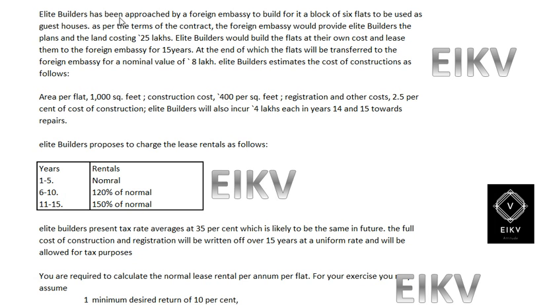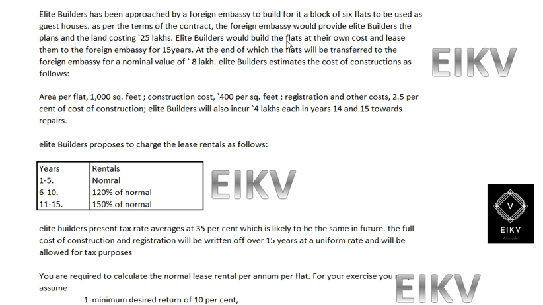In this illustration, Allied Builders has been approached by a foreign embassy to build a block of 6 flats to be used as a guest house. As per the terms of the contract, the foreign embassy would provide Allied Builders the plan and the land costing 25 lakhs.